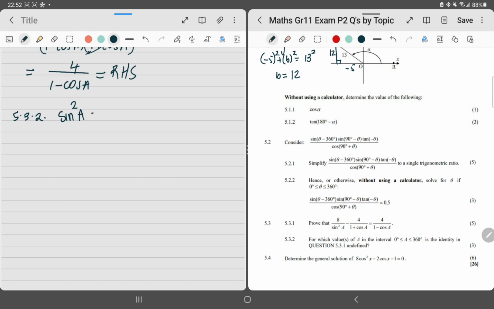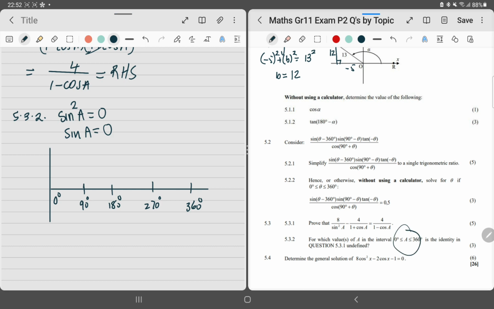Sine squared of A is equals to 0. So when I square both sides, sine of A is equals to 0. Then I'm just going to draw the sine graph. Again, I'm using 0 to 360 because that's the restriction there.